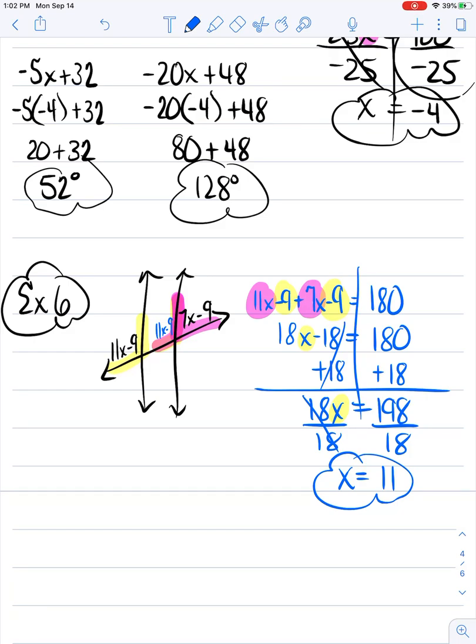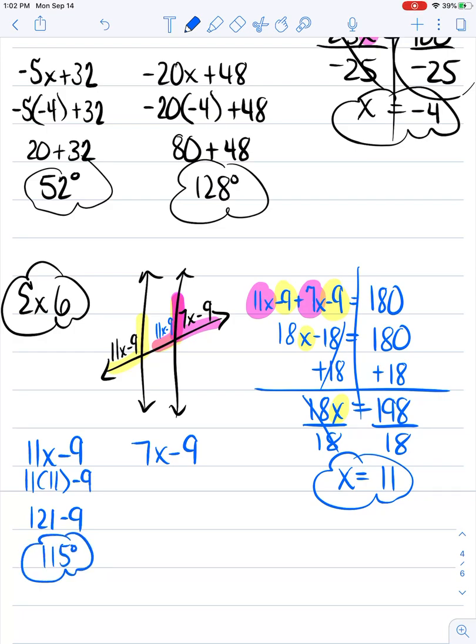And then just like normal, now that I have written my equation and solved for x, I'm going to plug that 11 in to find out what those actual angle measures are. Now remember, since they're equal to 180, they're going to be different. So first I have 11 times 11, because that's what x is, minus 9. You get 121 minus 9. And when you do that, you get 115 degrees.